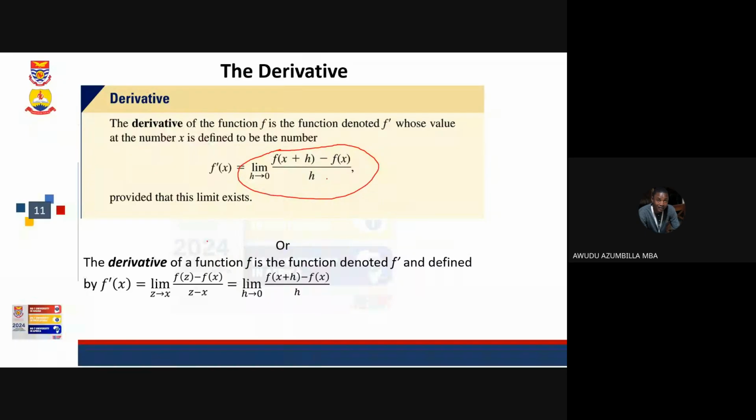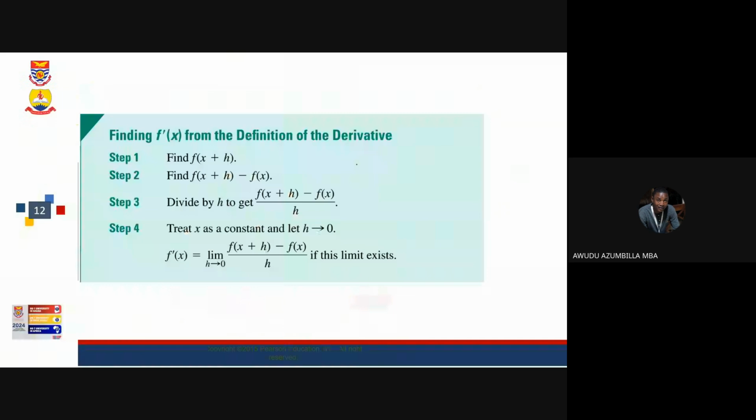So please take note that we are going to be using this one very soon. Either we use this one for the derivatives, or we use this one. But this and this are not different. They are the same format that we are going to use, but we are going to be using the upper one mostly.